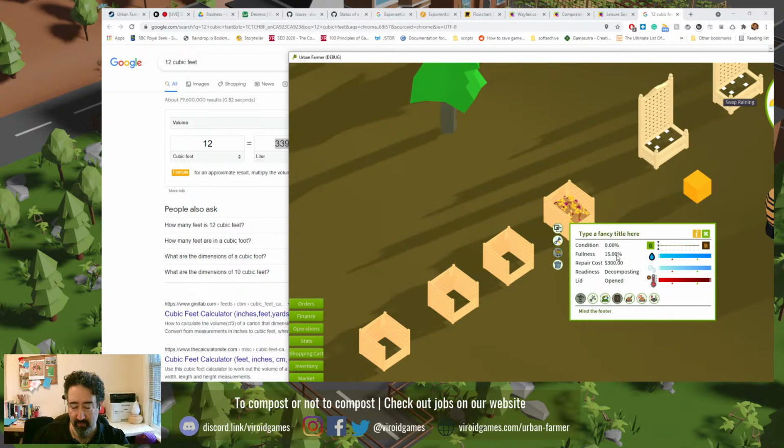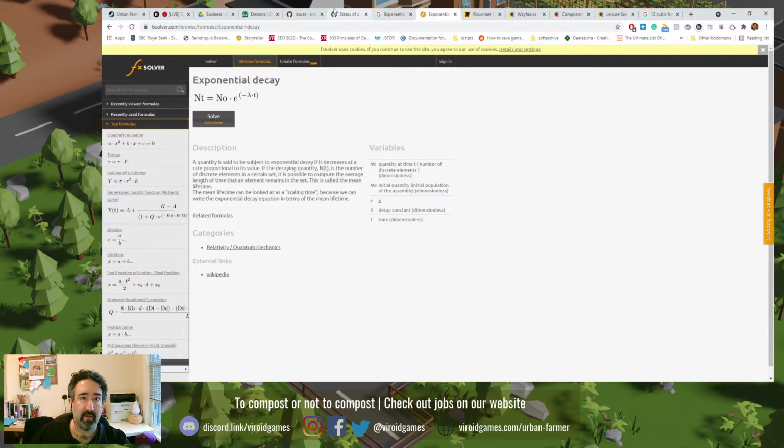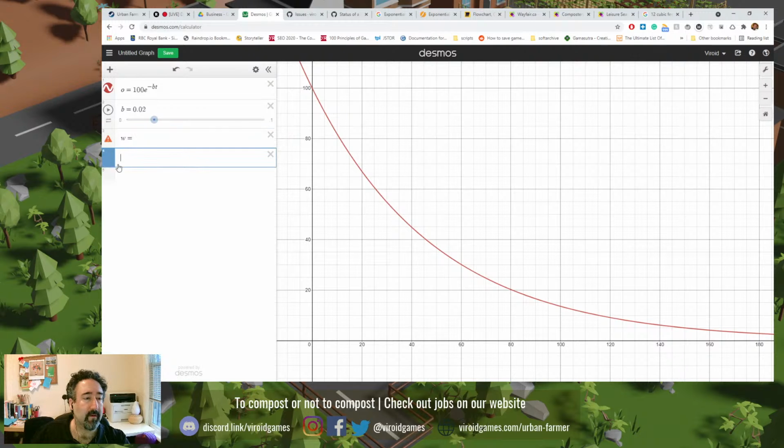So what I would like to do is fullness, and we could actually be silly about it and write it this way. We could actually have fullness in terms of brown and green material.